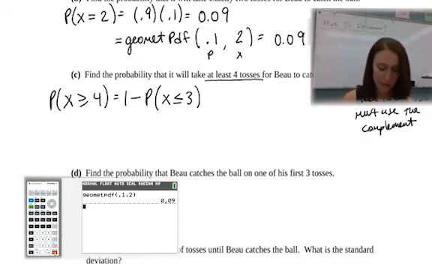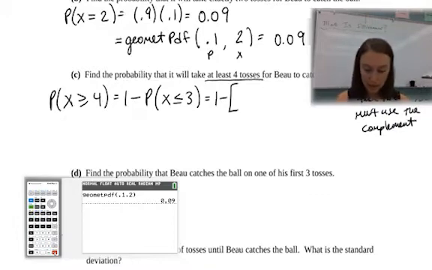So if I do this right, the same way we were doing it, it'd be 1 minus, and then grouped parentheses. If it only takes 1 toss, that's a 0.1. Or he could miss the first time and make it the second time. Or he could miss the first 2 times and make it the third time.